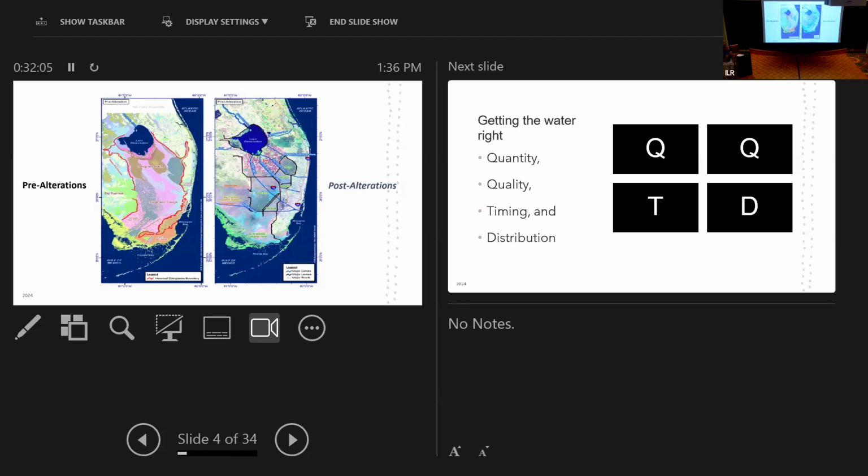We had the Ridge and Slough system. We had Shark River Slough and Taylor Slough coming down into Florida Bay and the west coast, and some of these little creeks across this ridge right here leading into Biscayne Bay. Most of the water going into Biscayne Bay was actually through groundwater.